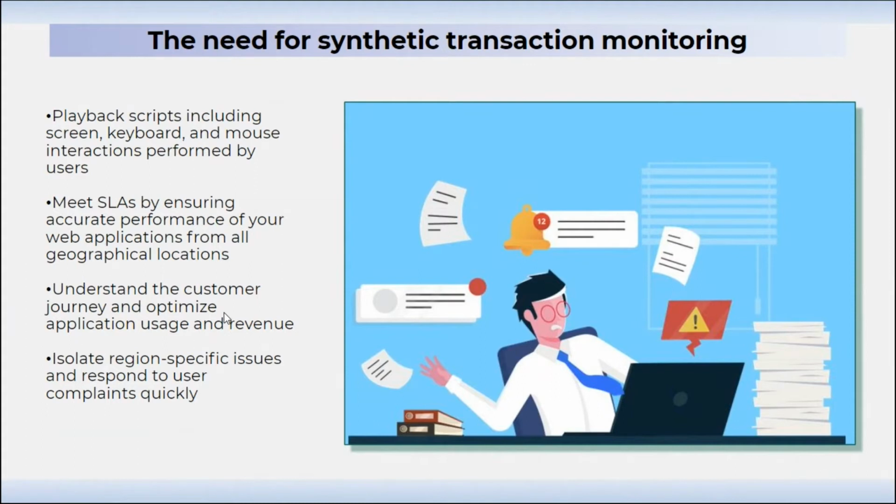So all of these actions will be captured. It will help organizations to meet SLAs that require you to ensure optimal performance of your web applications from different locations. It also allows you to understand the customer journey.